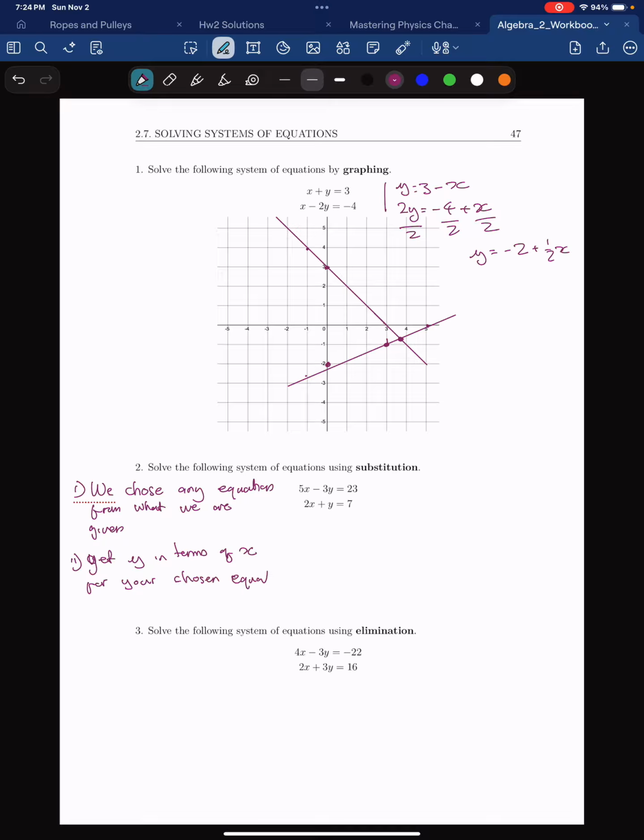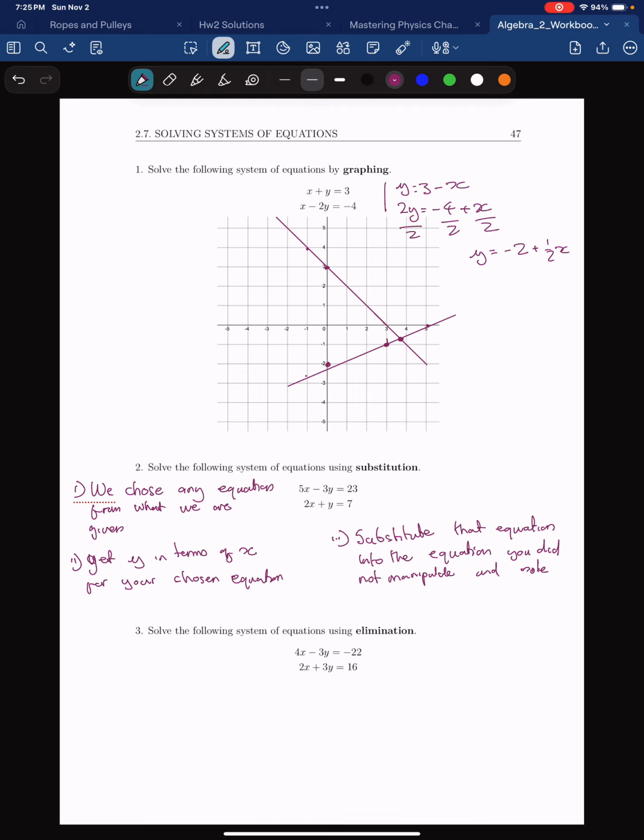And then step three, substitute. This is what the method is. Substitute that equation into the equation you did not manipulate. And solve.